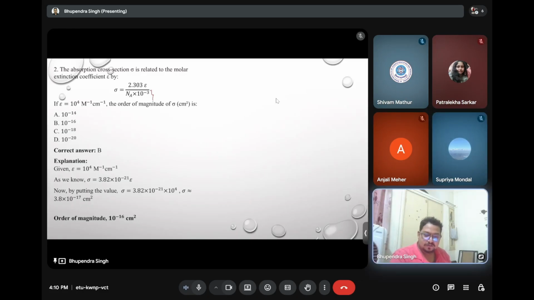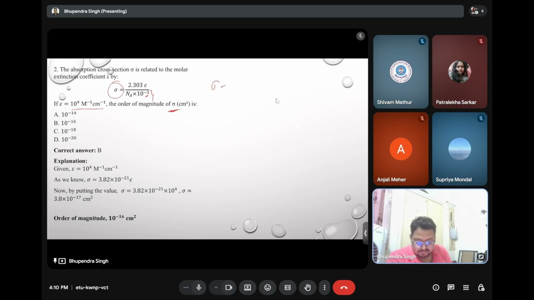In the assignment it was wrong; actually this should be the minus. This is the formula. Epsilon is given, and we have to find the order of magnitude of sigma in square centimeters.